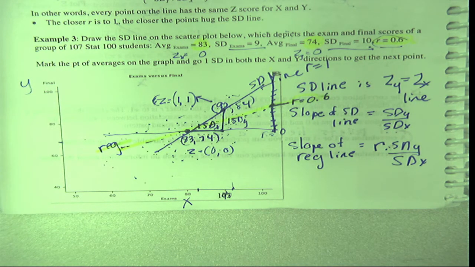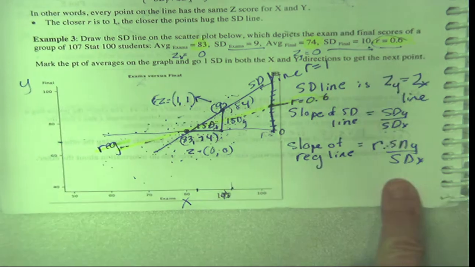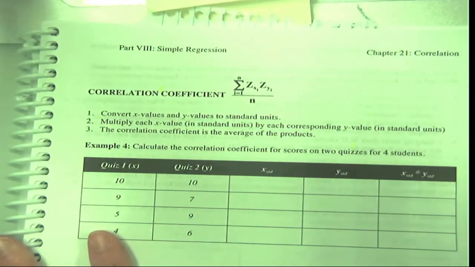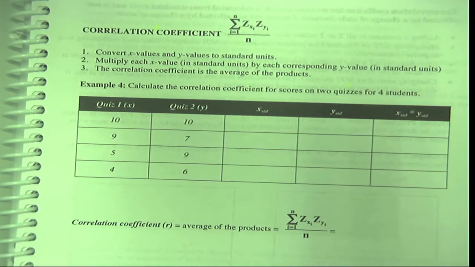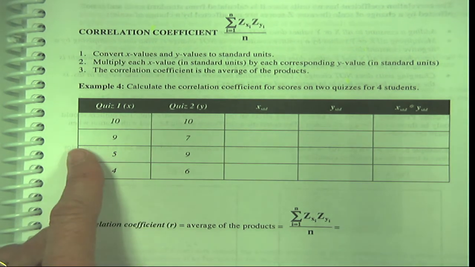All right, so now let's move to the next thing. So how do we compute this correlation coefficient? Well, I just said that the correlation coefficient is measured in standard units. So you have to convert whatever values you are in to z-scores. So let's do that.